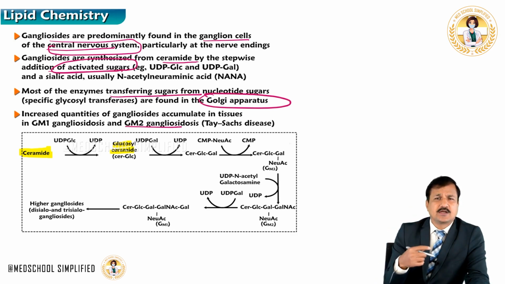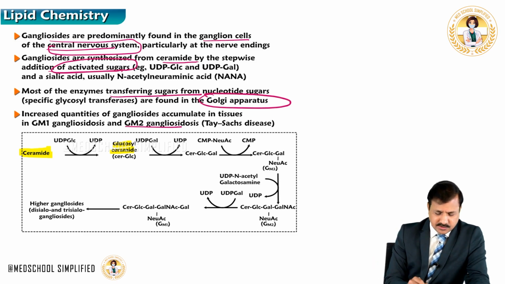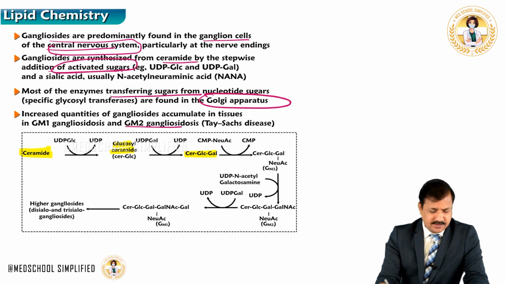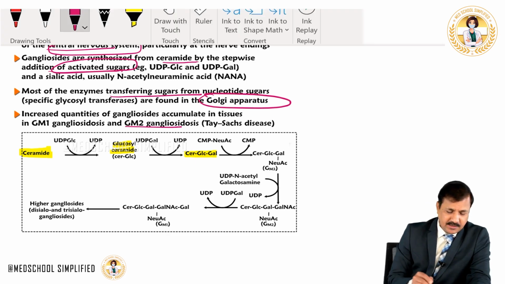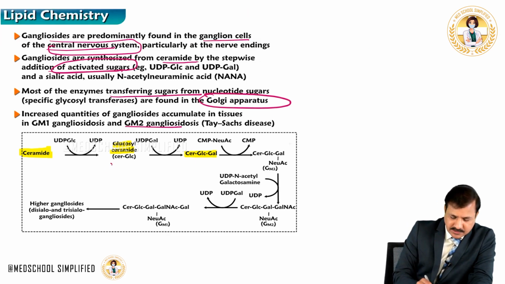And then to this, a galactose is being added. So it is coming in as UDP galactose. So ceramide glucose galactose, that is lactosyl ceramide, and lactosyl ceramide is a globoside. So as we go here, let me explain that concept.